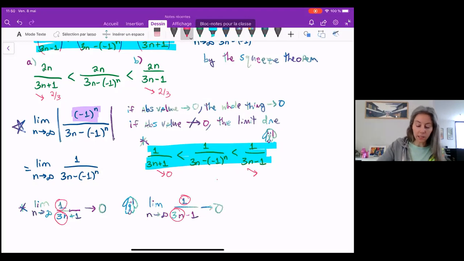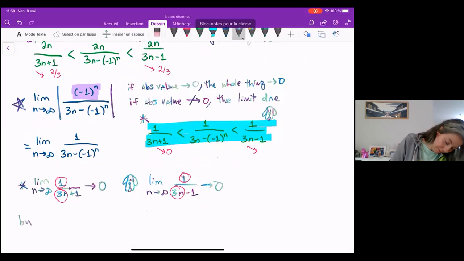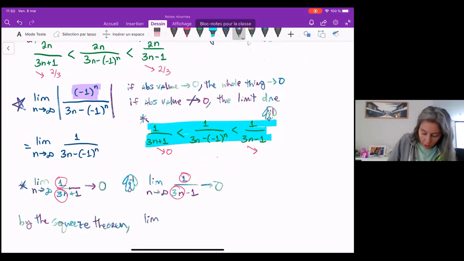So what that means is, by the squeeze theorem, this limit right here, n goes to infinity of 1 over 3n minus -1 to the n is going to 0.